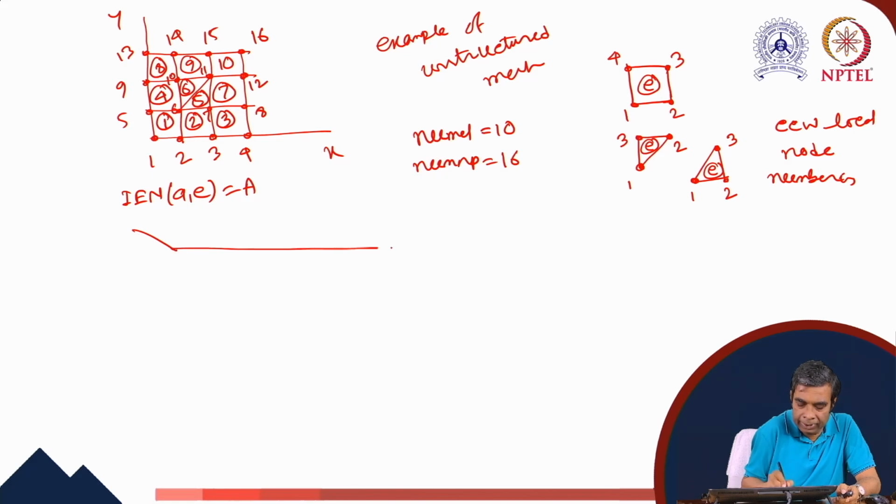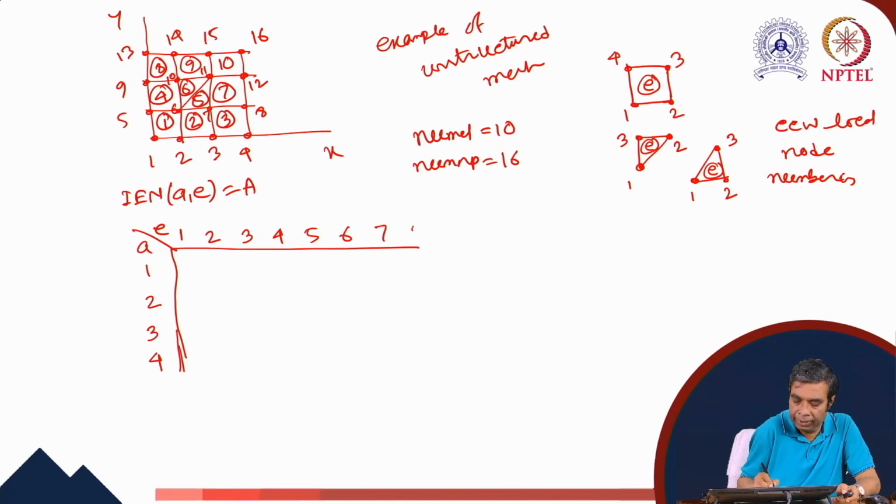So for E and A, triangular elements have A varying from 1 to 3 and for the quadrilateral elements, A varies from 1 to 4. Our elements are 1, 2, 3, 4, 5, 6, 7, 8, 9 and 10.